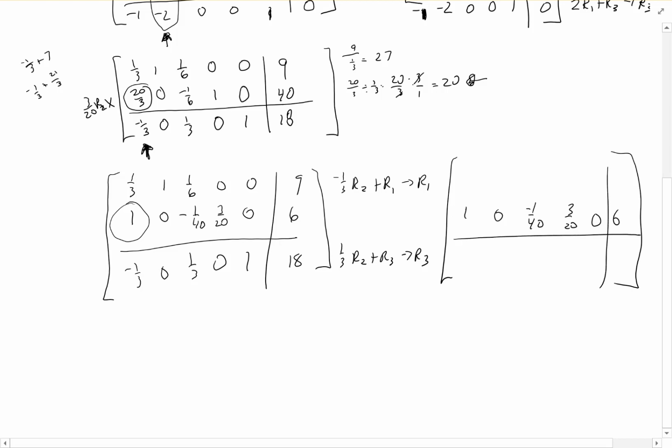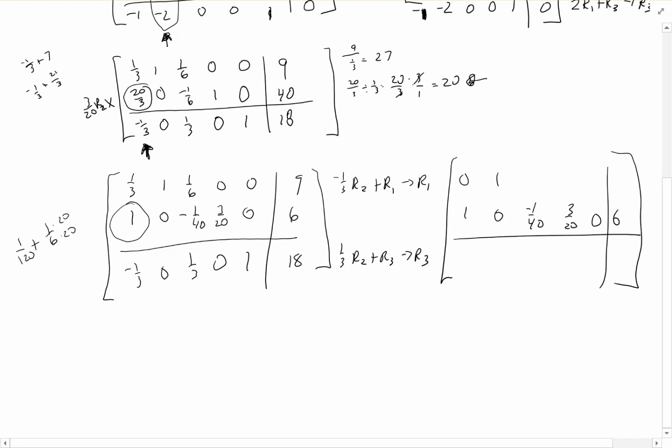Let's do the top row first. Negative 1/3 times 1 plus 1/3 gives me 0. Negative 1/3 times 0 is 0. 0 plus 1 is 1. Negative 1/3 times 1/40 would be positive 1 over 120, and then I need to add 1/6 to that. I need to get a common denominator.